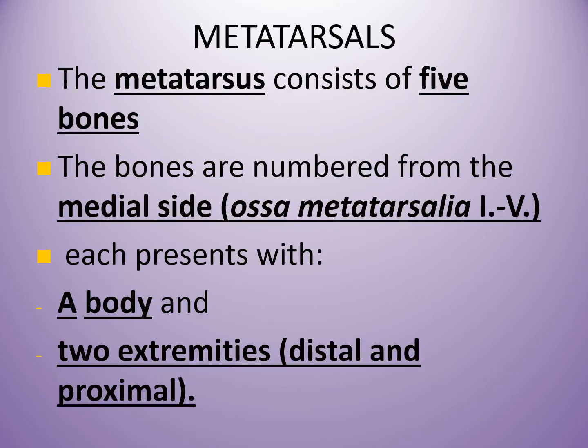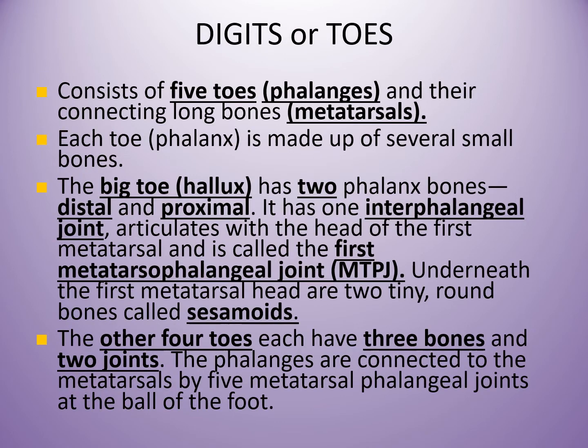And metatarsals consist of 5 bones. The bones are numbered from the first to 5, each with a body, distal and proximal parts, and digits. Big toe je lain, hallux ni, with the phalanx bone, distal and proximal sahaja. Whereby for the other 4 toes, have 3 bones and 2 joints.